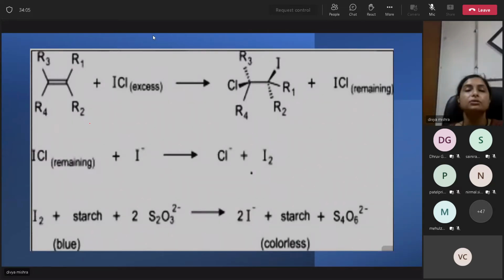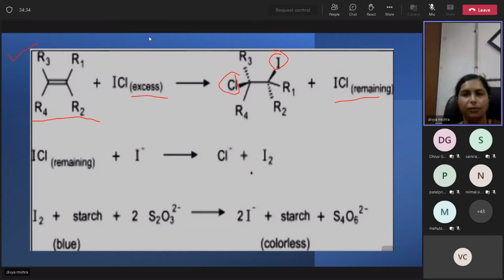Now, this is the theoretical principle: the general reaction where we take the excess Wijs solution with our unsaturated fat. Halogenation takes place, and some of the iodine monochloride remains unutilized because we are taking it in excess.